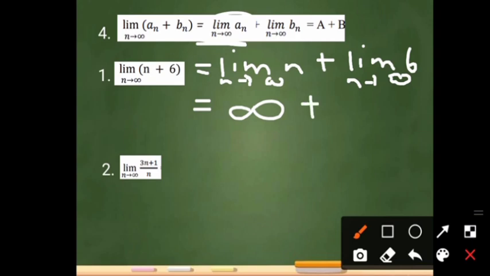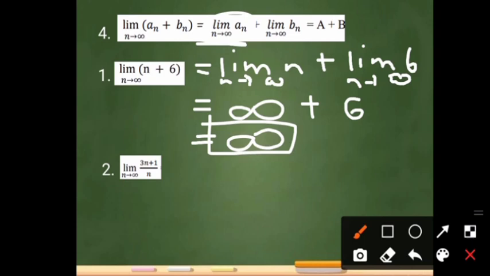Our limit of 6 is a constant, so our limit for b_n is 6. So infinity plus 6 is equal to infinity. So our answer for number 1 is positive infinity.